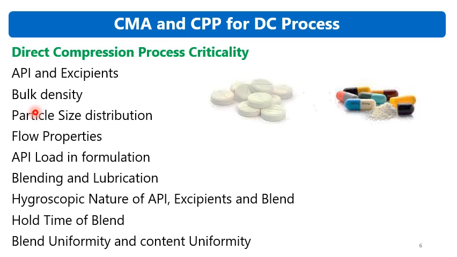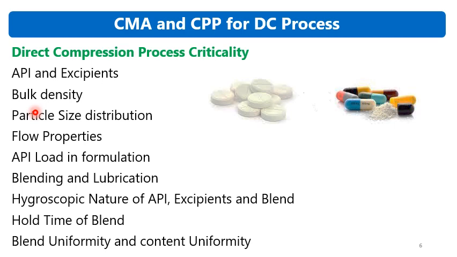So what is the API load into the formulation? If your tablet weight is 200 mg and API is 100 mg in that tablet, then you can say that the API load is 50% in the formulation. But again, the API load will depend on the API flow properties, API density, and API PSD. Generally, 5 to 10% load is taken for the DC process.